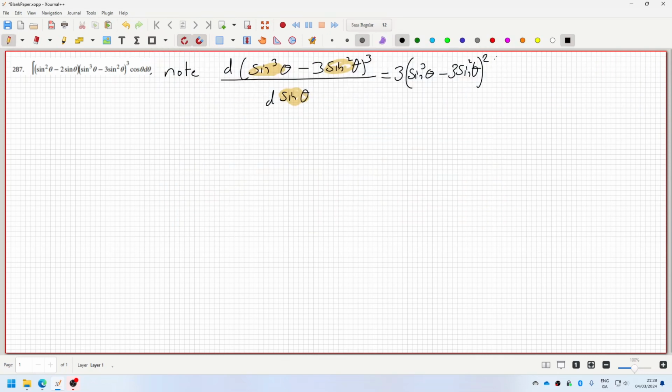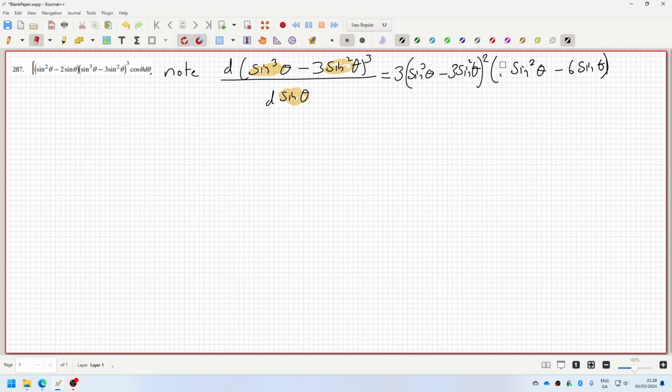And then times 3 sine squared theta minus 6 sine theta. So this is a little bit like x cubed becoming 3x squared and 3x squared becoming 6x. And this is remarkably similar to what we have.